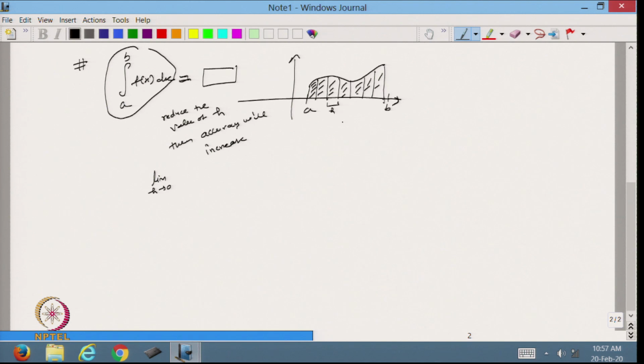But in the computer this is not possible. So, I will take a very small value of h, but I cannot choose h equal to 0. So, this is also an example of the truncation error, because we are truncating the infinite number of steps to a finite number of steps. So, this is another form of truncation error.